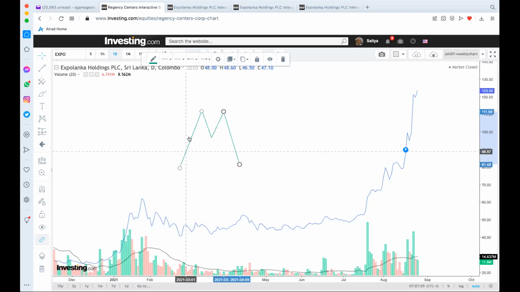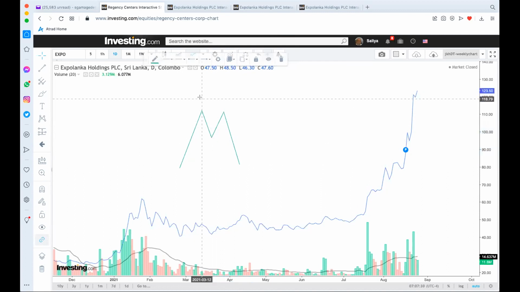The moment you see a rally taking place, and then there is a reversal, a pause making a resistance, then it pulls back or reverses, and then when you see another low formed, then you will be waiting for the next events to take place.